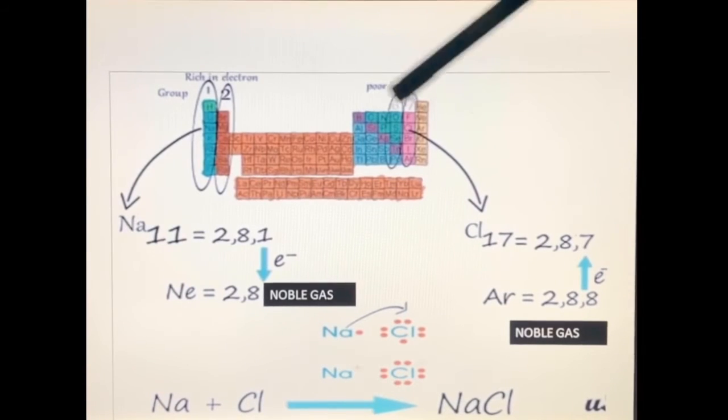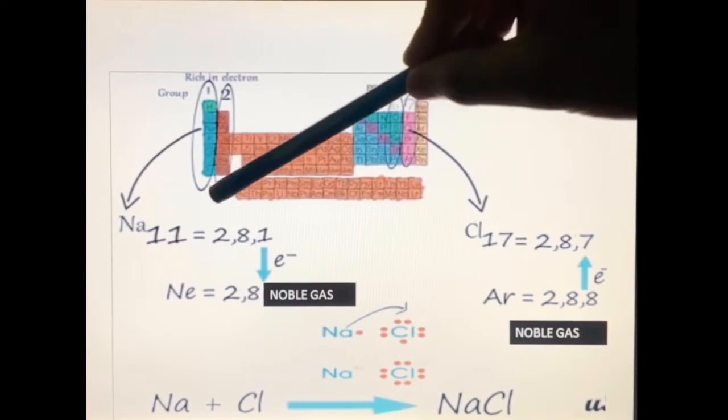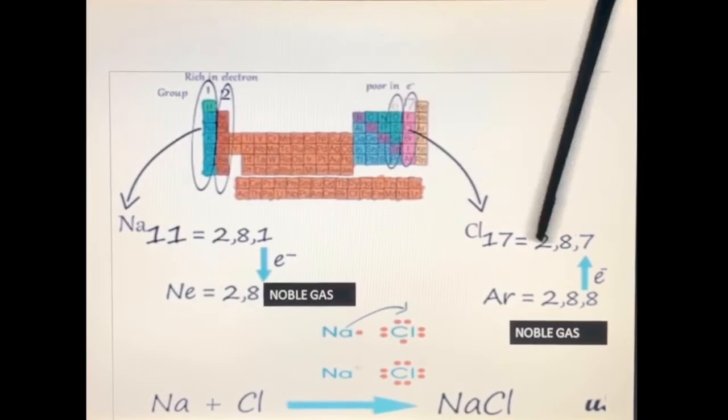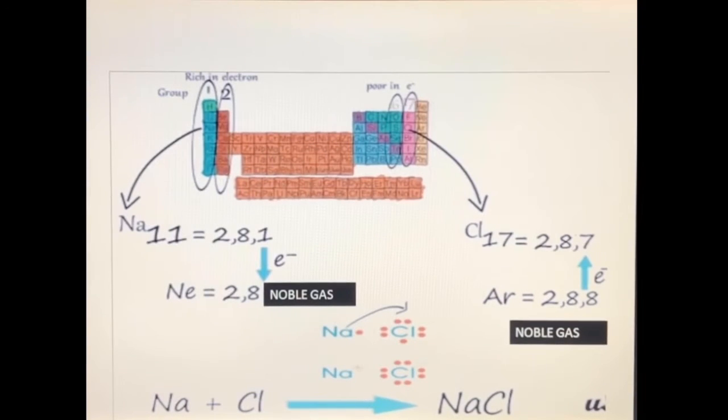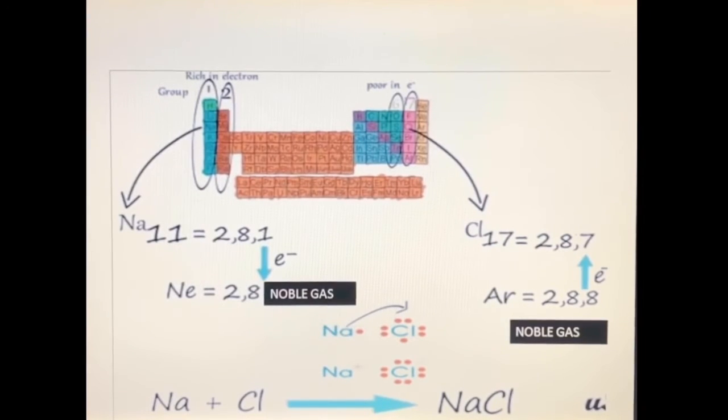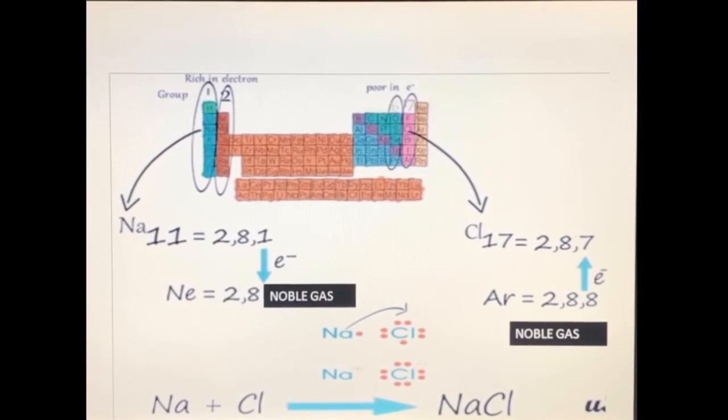Electron rich elements are metallic in nature. They have the greater tendency to donate electrons to get stability. Electron deficient elements are poor in electrons. They have the tendency to accept electrons. They are non-metallic elements.